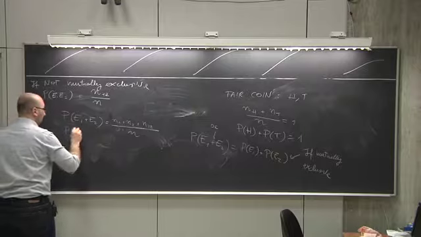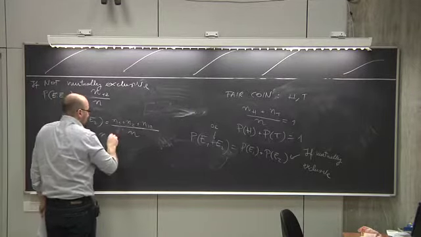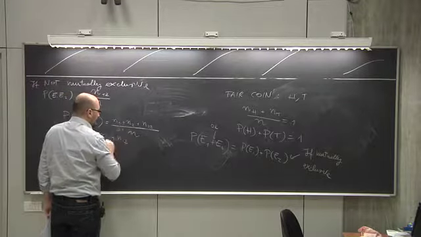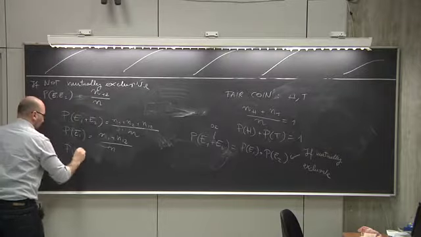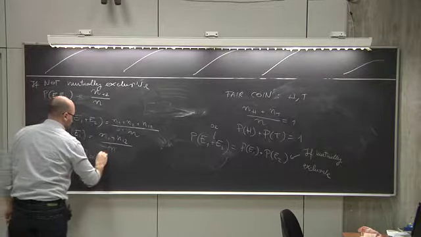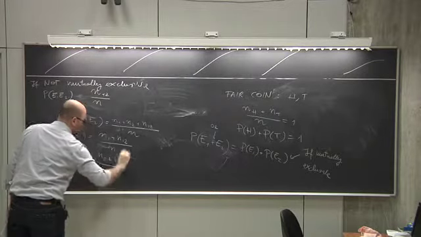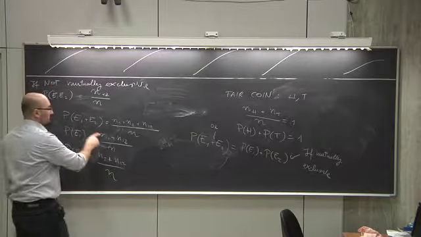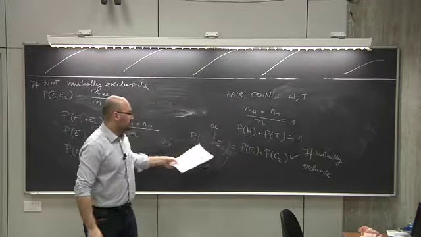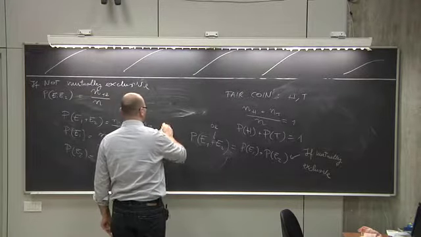The probability that we have event 1 is equal to the probability that we have event 1 alone plus the probability that we have event 1 and event 2. And the same for the probability that we have event 2. So this equation is not valid anymore. What is the valid equation?